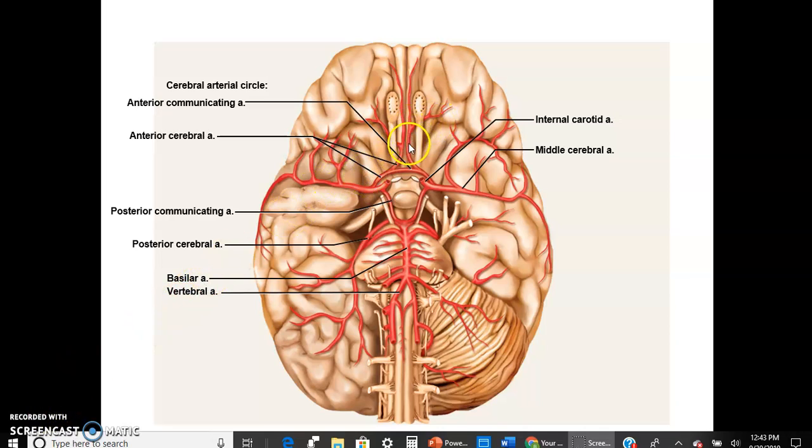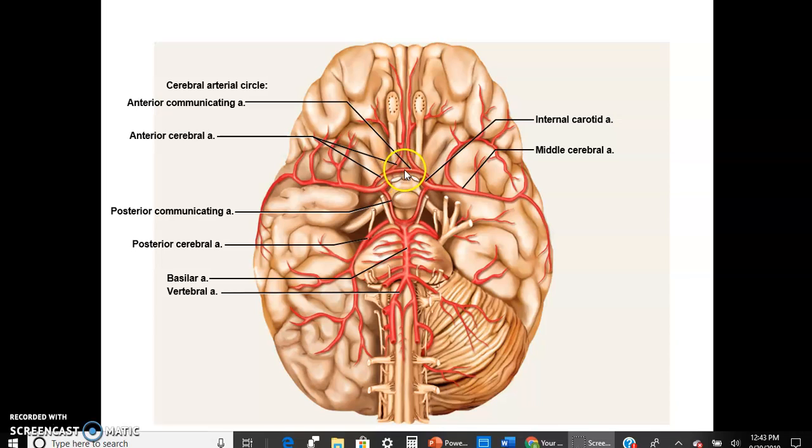Your first main nerves is going to be your anterior cerebral artery. All our arteries are going to be red. From the anterior cerebral artery, you have this arch right here. This is our anterior communicating artery.